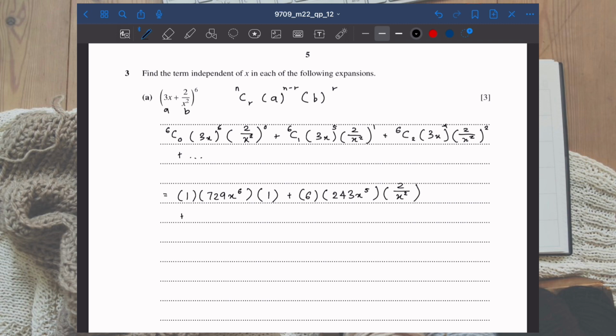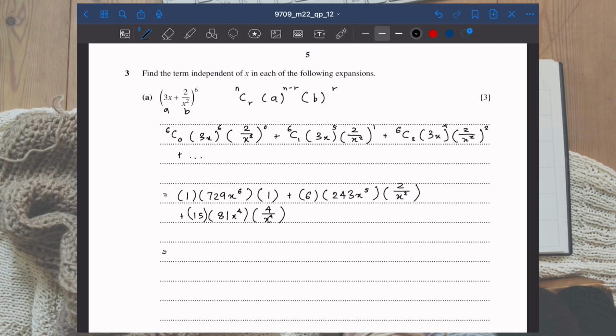And then we have 6c2, which is 15, times (3x)^4, which will be 81x^4. And we have (2/x²)^2, which will be 4 over x^4.